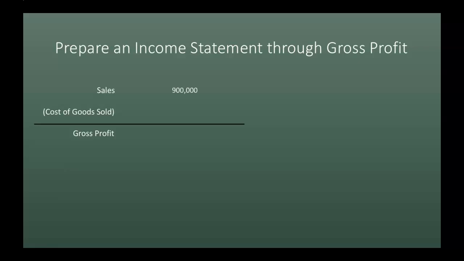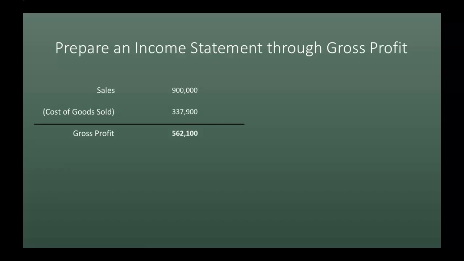So we'll put that in for sales. Then it told us that we need to subtract out our cost of goods sold. Well, we just calculated that. So we're going to subtract out 337,900. So we get a gross profit of $562,100.